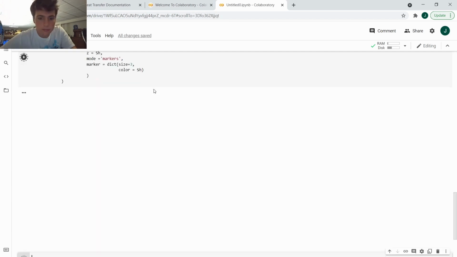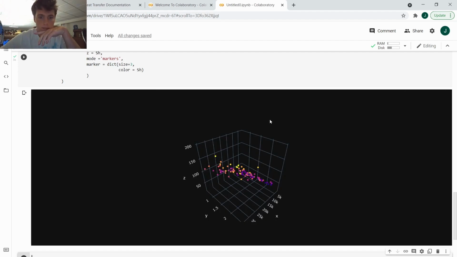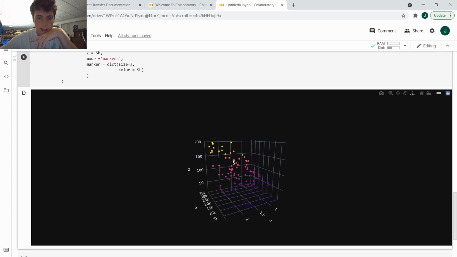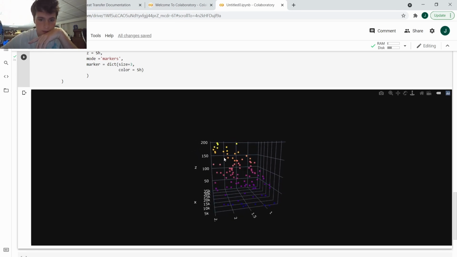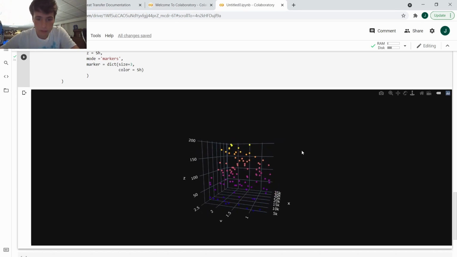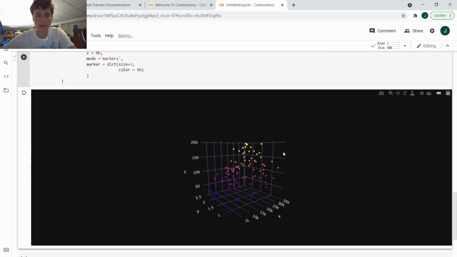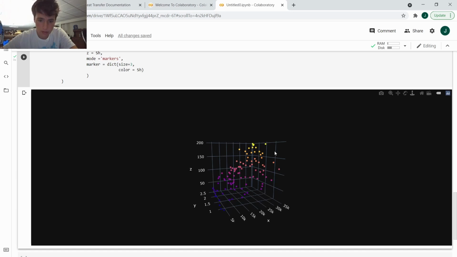Let's see what that is. And that looks much better. Now we can see every single point without it being cluttered together. And it's much more visually appealing seeing that there's a color gradient based off the magnitude of the Sherwood number.